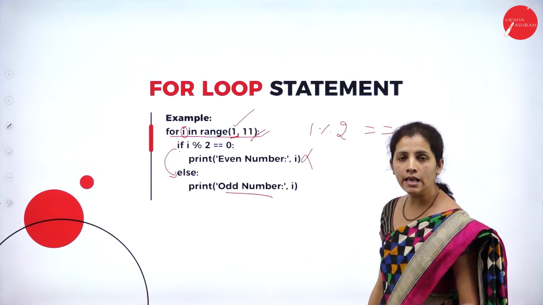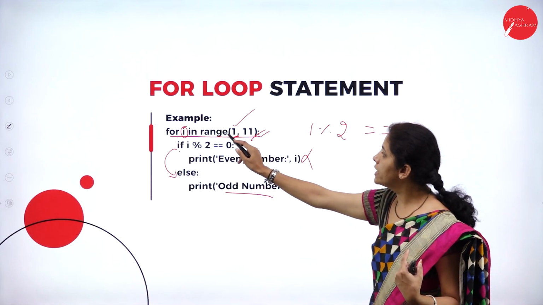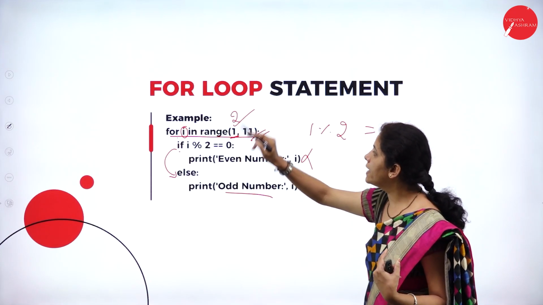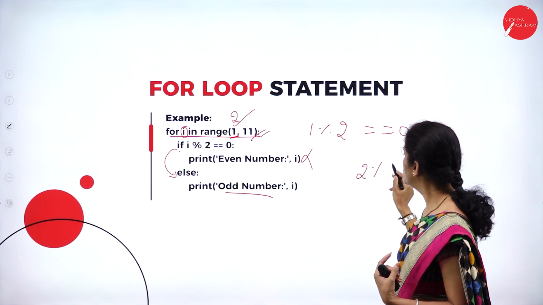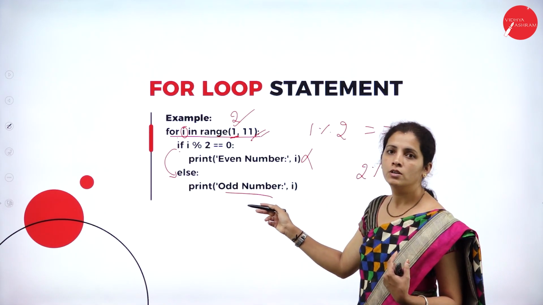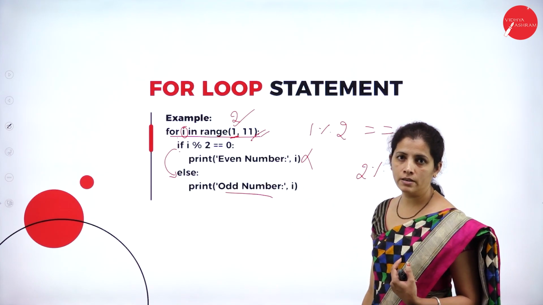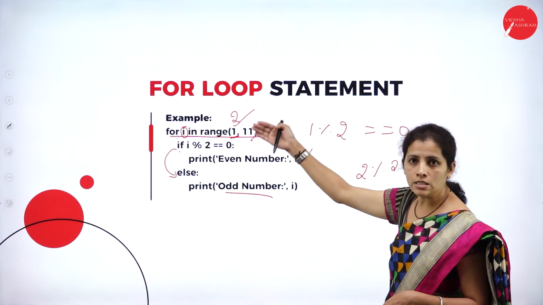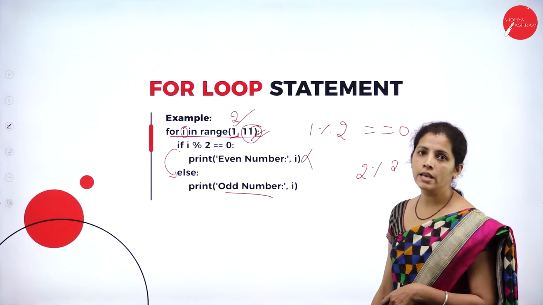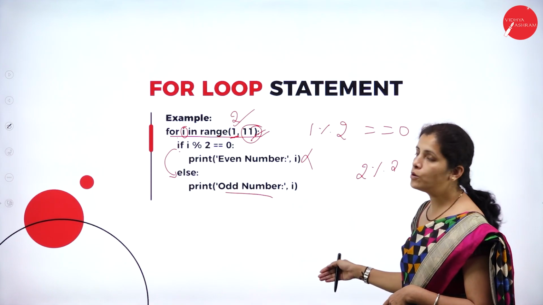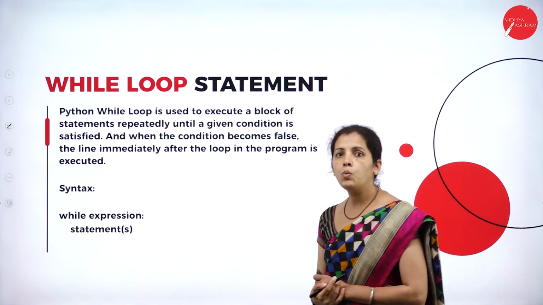Now, i is incremented by 1. So, i is 2. 2 mod 2, the condition is true. So, 2 is nothing but an even number. This is going to continue up to i is 11. So, how many outputs am I going to get? That is 11 outputs.